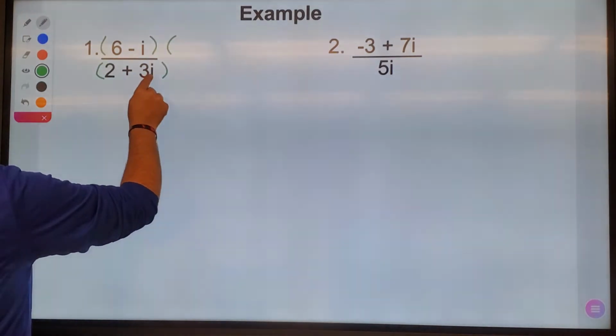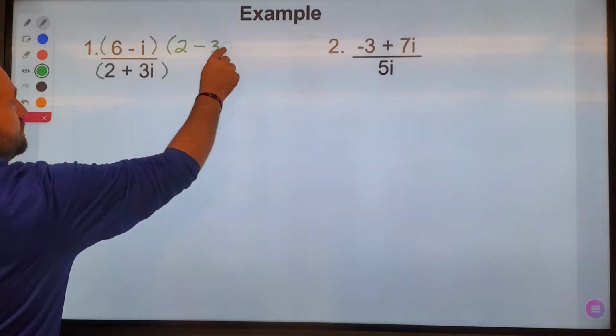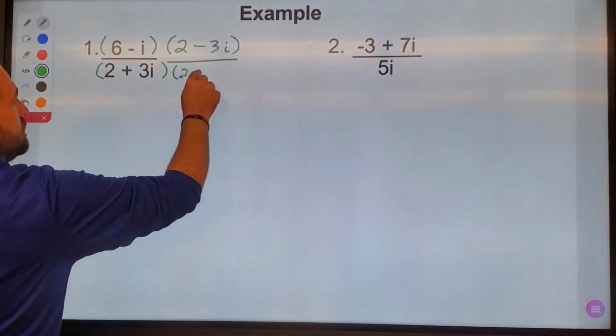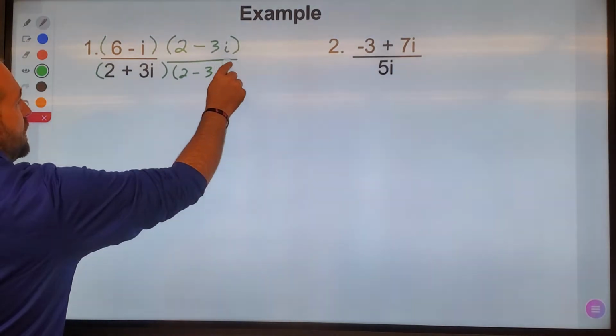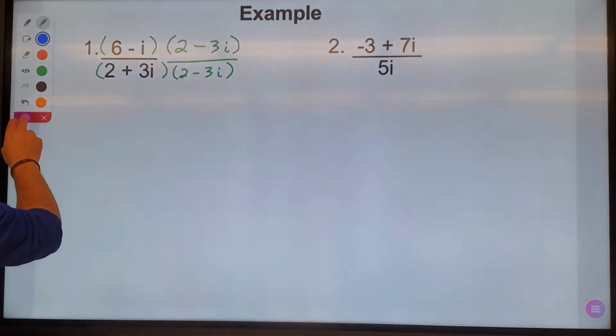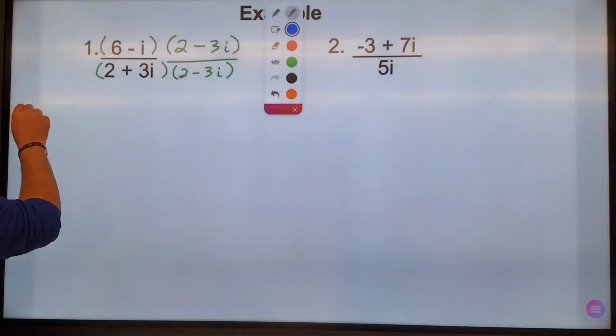So it's 2 plus 3i, so the conjugate is 2 minus 3i. And again, I'm going to multiply the numerator and the denominator by that exact same thing. Okay, then my suggestion is to break this up, top and bottom.